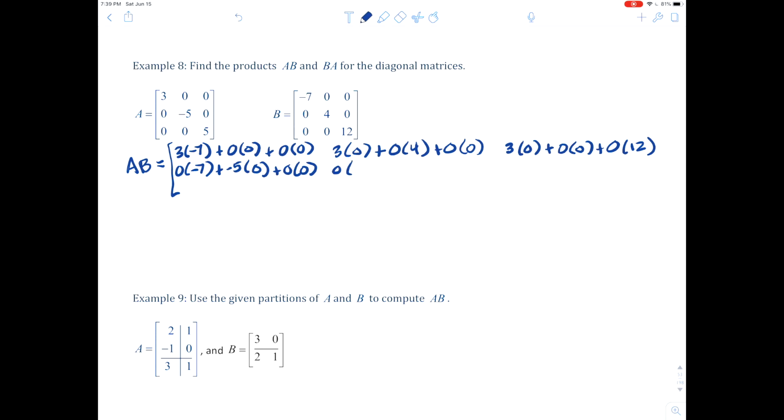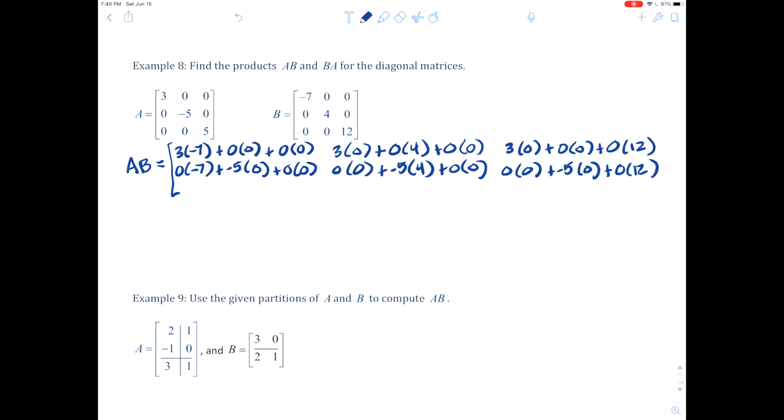We'll have 0 times 0 plus negative 5 times 4 plus 0 times 0. And then for our second row, third column entry, what are we going to have? 0 times 0 plus negative 5 times 0 plus 0 times 12.